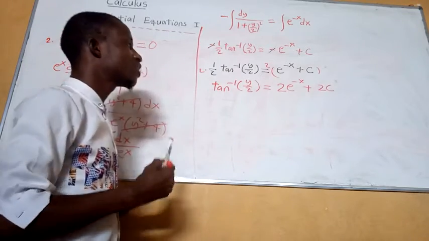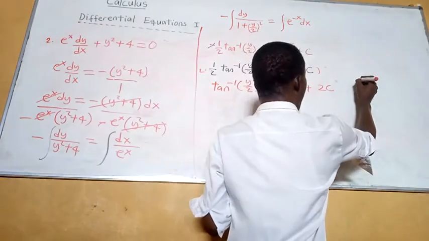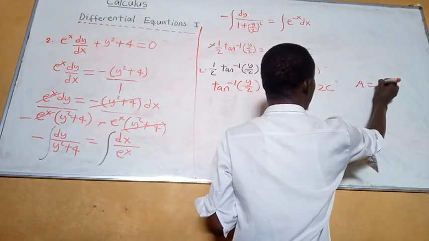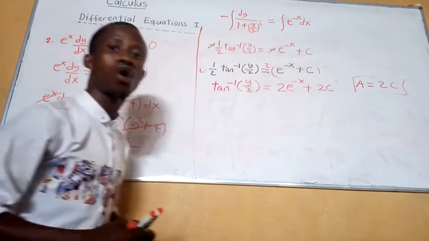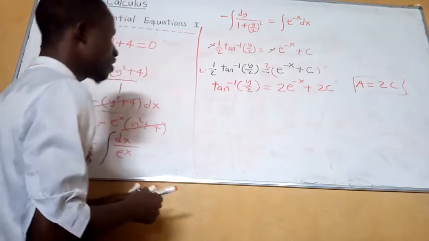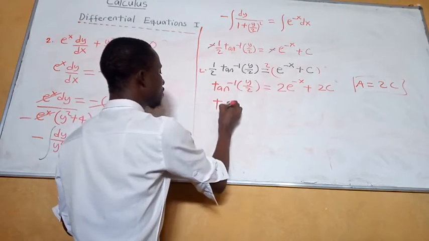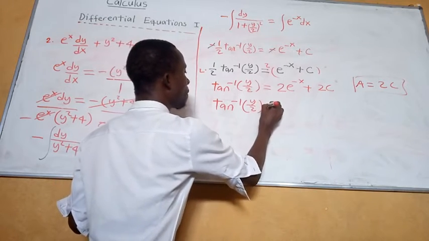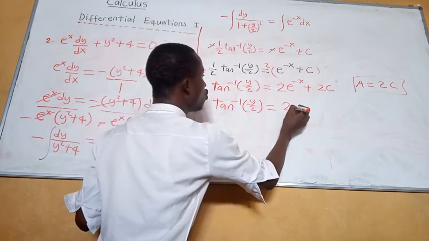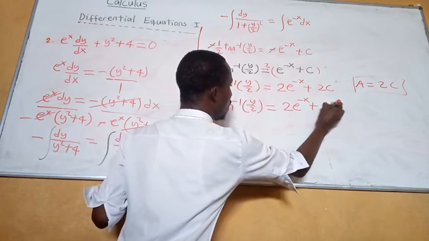But we know that c is a constant, so we can allow a to be equal to 2c, because c is a constant. So we'll do this. We have tangent inverse of y over 2 equal to 2 e to the minus x plus a.